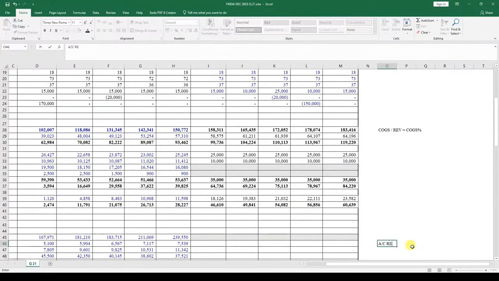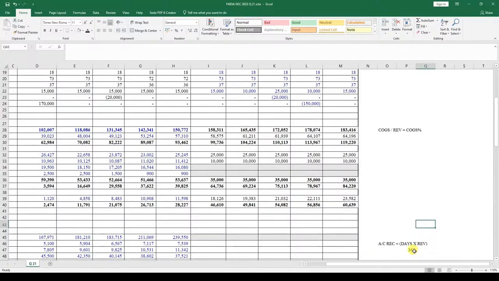So accounts receivable is going to be given as the days, and then we multiply that with the revenue, and we divide all of this by 365. Days times revenue over 365.